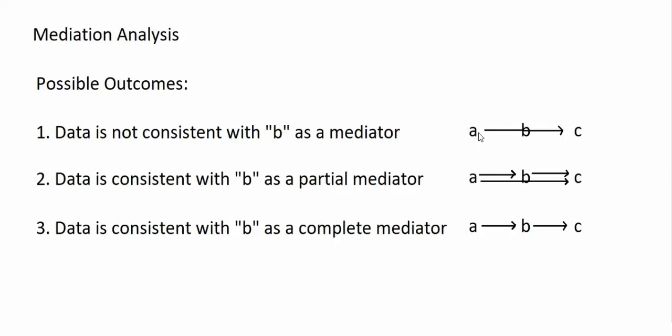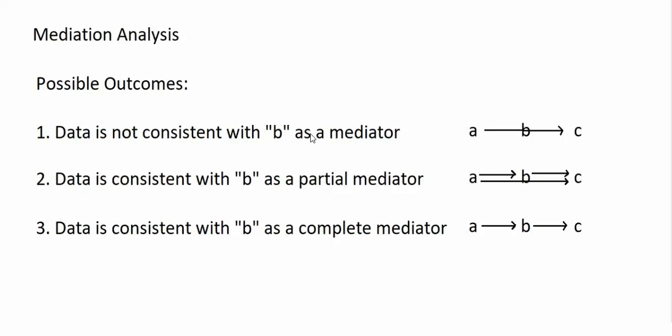Notice how in this diagram, I'm only showing the direct path from A to C, and it skips over B. And like I said, if the data is consistent with the direct path only, then the data is not consistent with mediation. And also, like I said, if the data supports neither path, then the data is also not consistent with mediation.